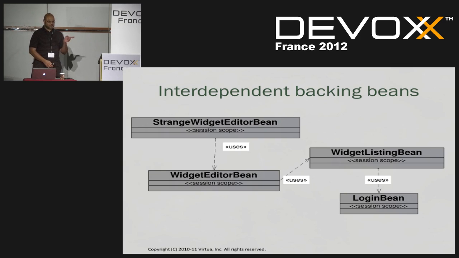That's not the main problem, but that is a problem indeed. He said they're all session scoped beans, which is true. So he's saying the widget editor bean should probably have its own scope, which is true. Yes.